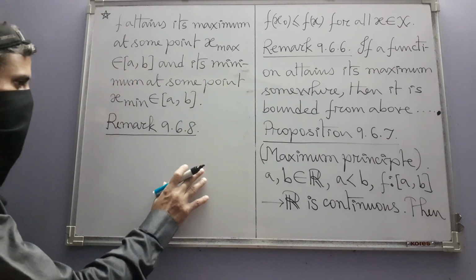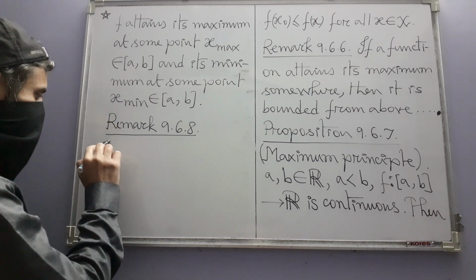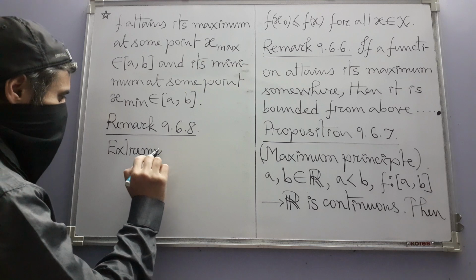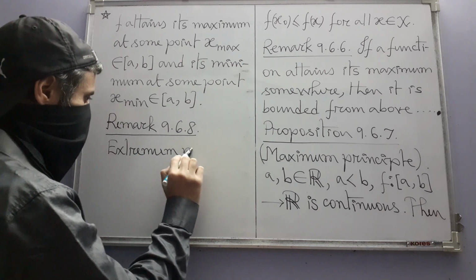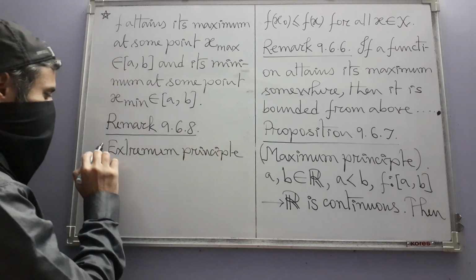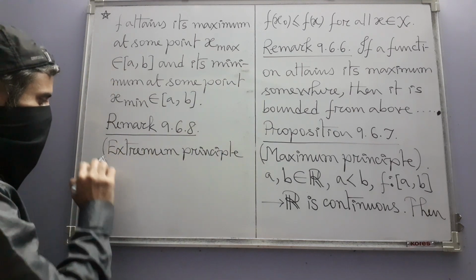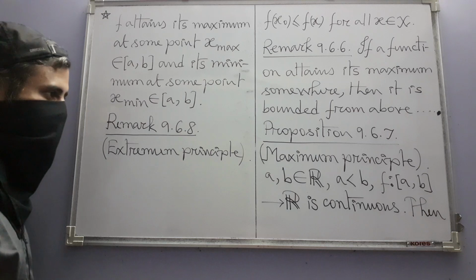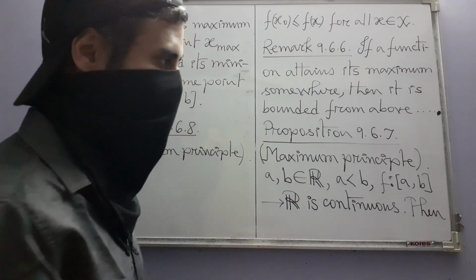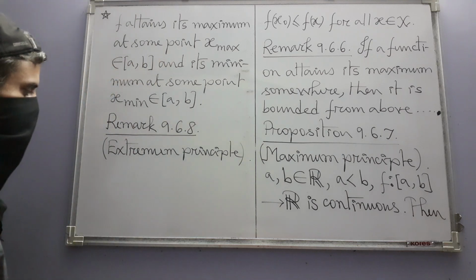So he suggests that instead it should have been named extremum principle, which involves extreme values, which can either be a maximum value or a minimum value. So let us next see the proof.